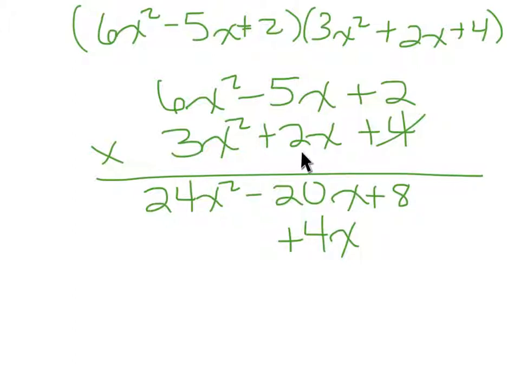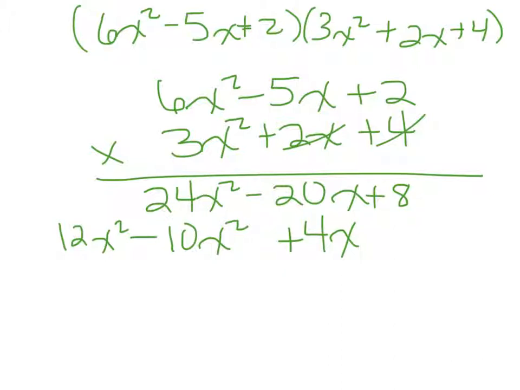Next, we have 2x times negative 5x, which gives us a negative 10x squared. And then 2x times 6x squared gives a positive 12x squared. You can cross off your 2x if you want to symbolize to yourself that you're done with that.